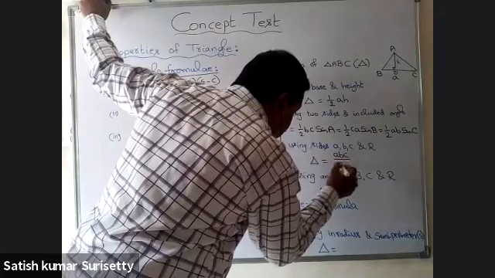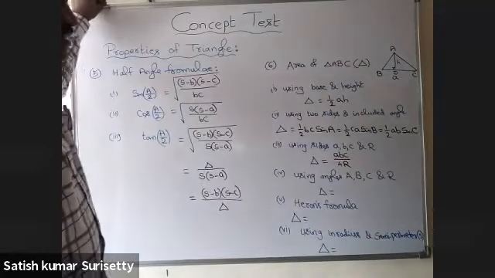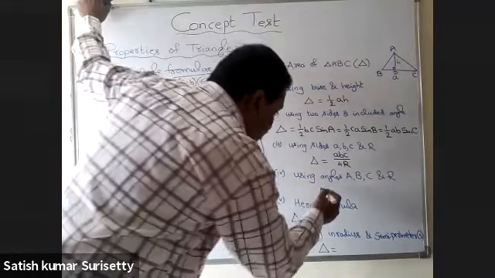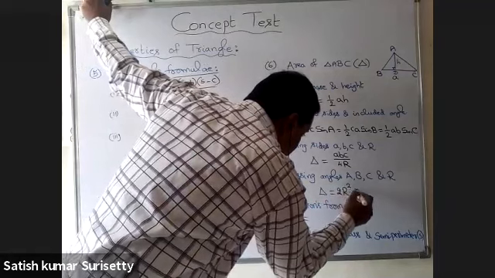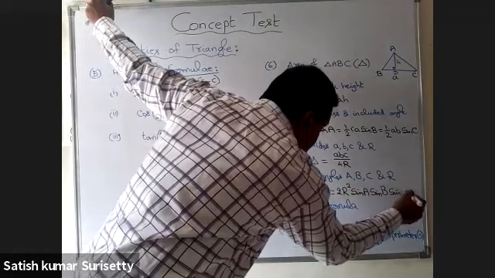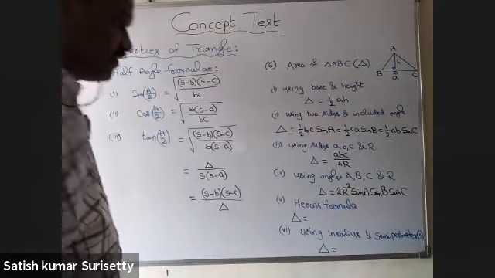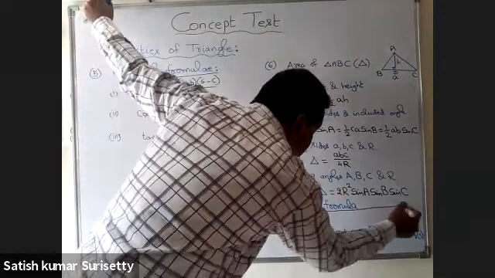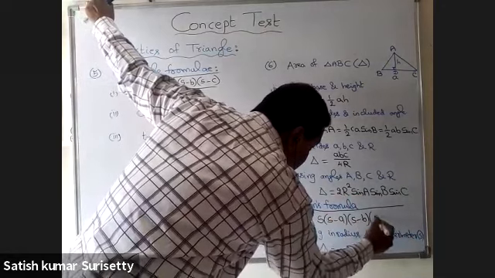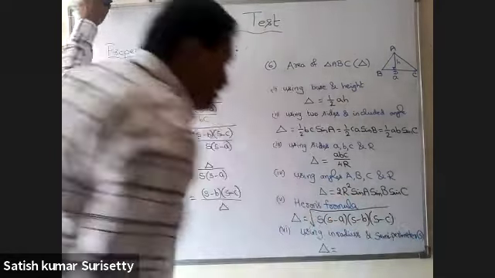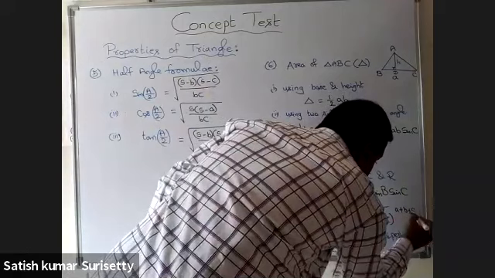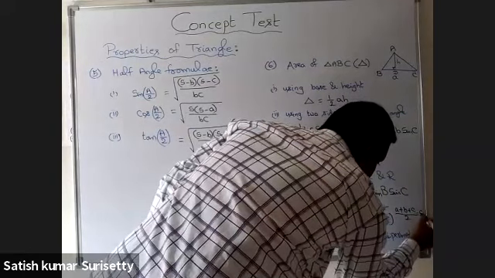Delta equal to abc upon 4R. Next, using the angles A, B, C and circumradius R, area of triangle delta equal to 2R square sin A sin B sin C. Heron's formula: square root of s into (s minus a)(s minus b)(s minus c), where s is the semi-perimeter, (a plus b plus c) by 2 equal to s.